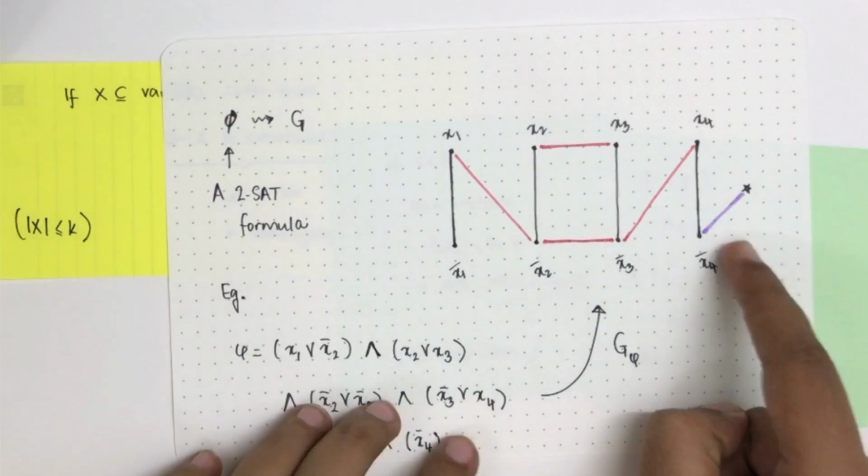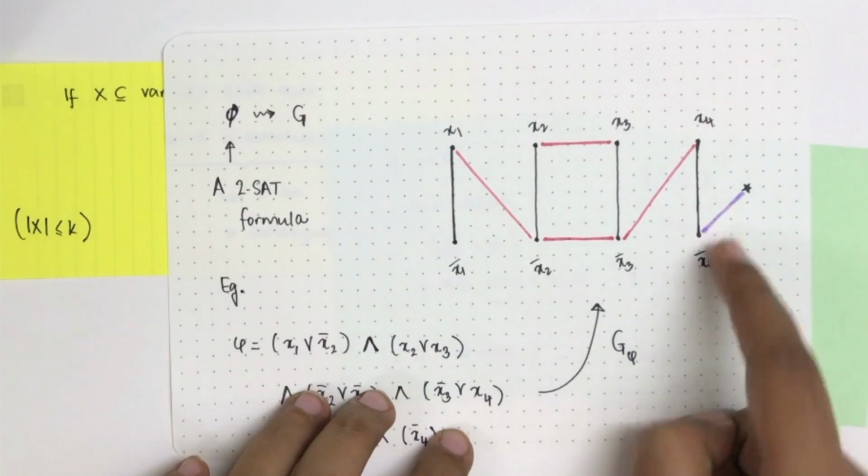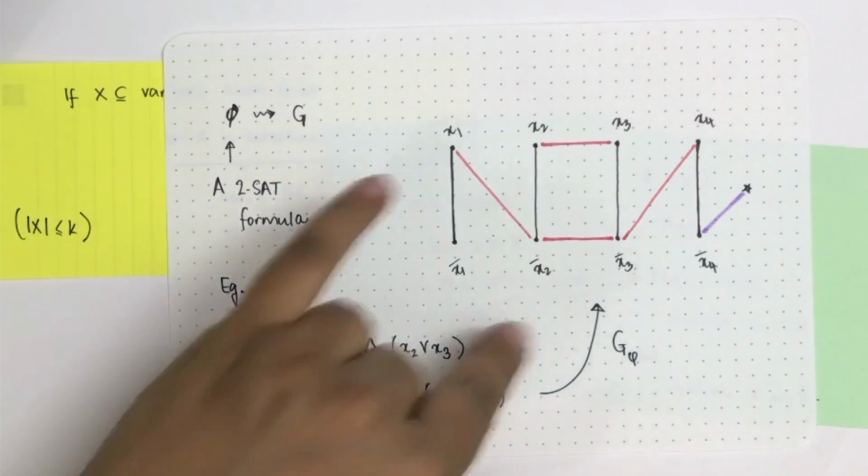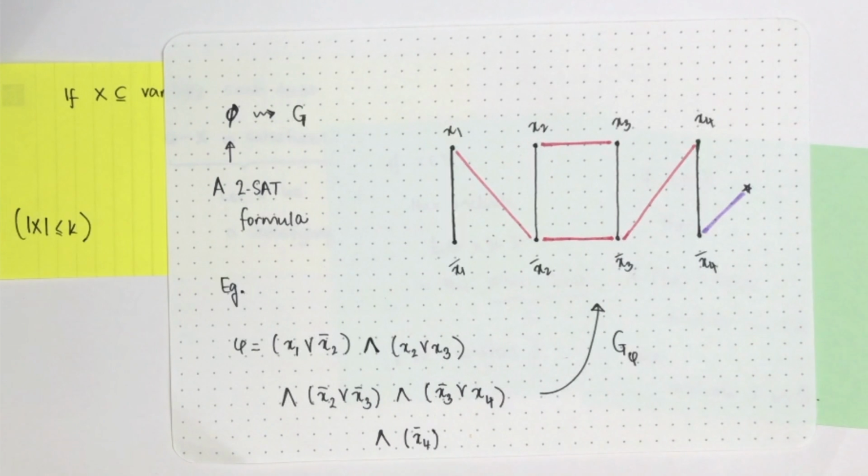So it's going to be either one of these edges that come out of a degree 1 neighbor, or it's going to be one of the red edges. But if any one of these edges are left over, then there is a clause that was not satisfied in phi minus x.